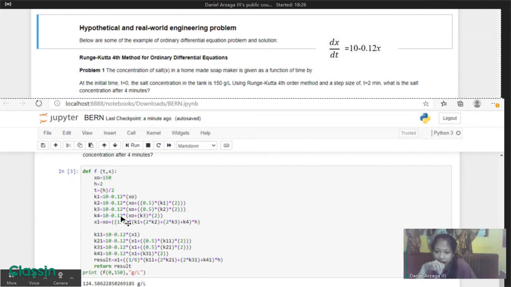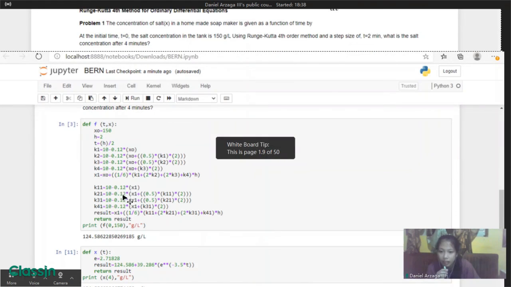Ganon din sa K3 and so on and so forth. Pagdating mo naman sa X1, i-compile mo lang lahat ng values nito, values ng K1, K2, K3, and K4. Ganon din sa K11. Same process lang sila dito sa K1, K2, K3, and K4. Ganon din yung gagawin mo dito.